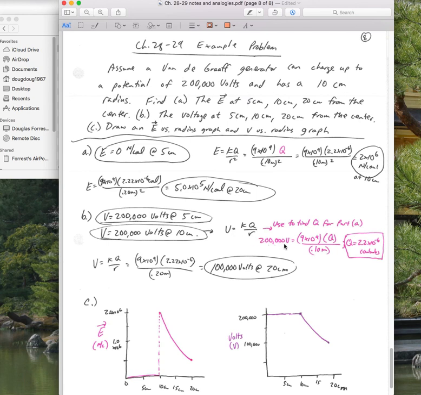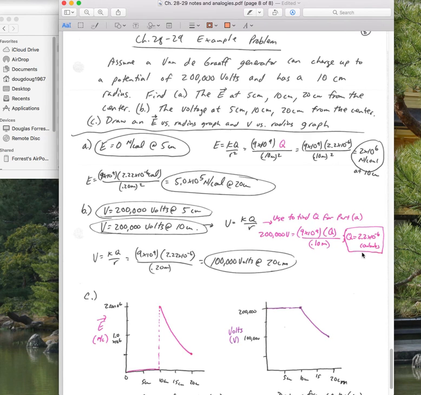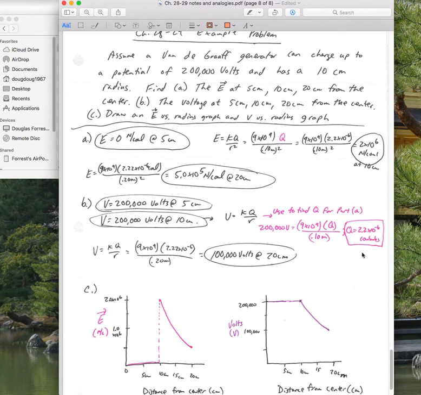That lets me know how much charge is on this, by the way, 2.2 times 10 to the negative 6 coulombs. And I can use that now to find the electric potential at 0.2 meters away. I also could figure out, probably proportionally, that if at 10 centimeters I'm 200,000 volts, and I know this is an inverse relationship, at 20 centimeters I'd be 100,000 volts.